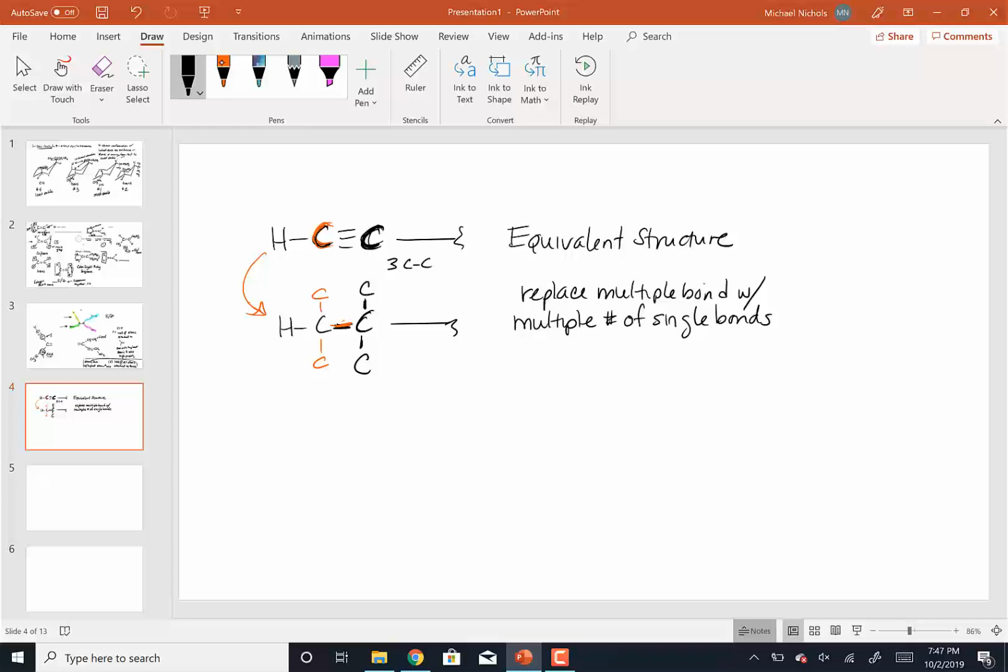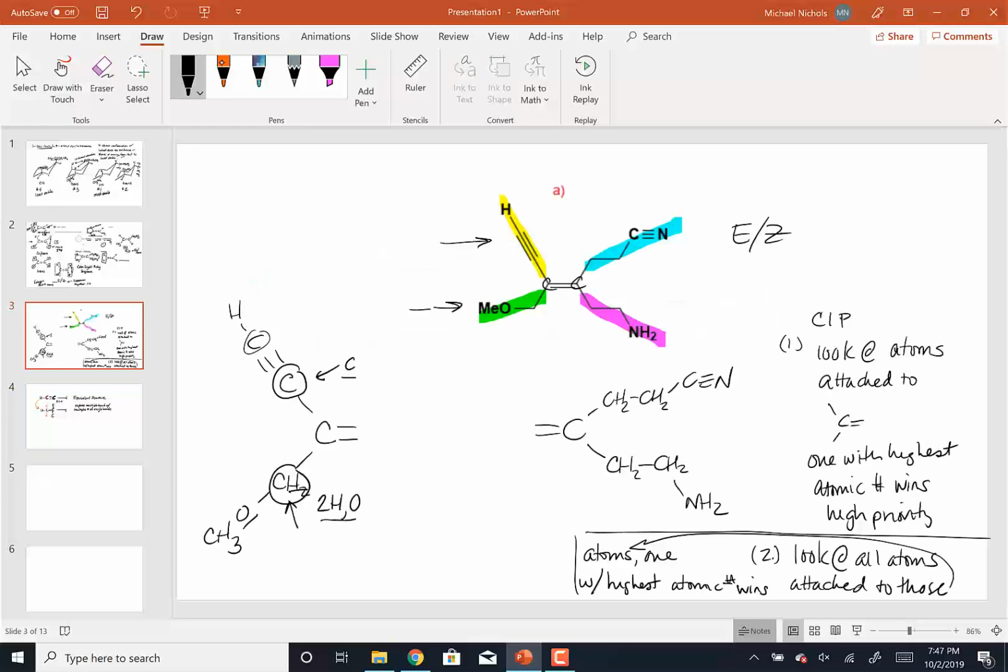So let me go back to the original molecule. This carbon-carbon triple bond would now have the equivalent of a C with 3 C's attached to it. The other carbon would also have 3 C's attached to it, 1, 2, 3, and then the hydrogen.